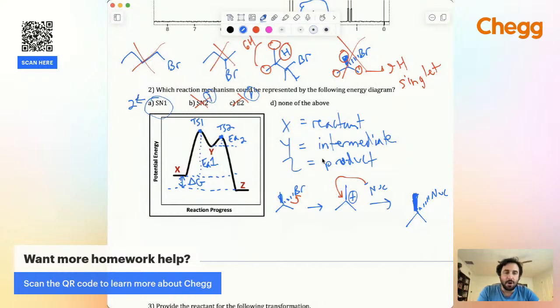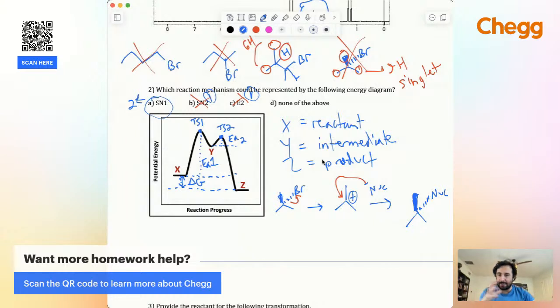SN2 and E2 are all concerted reactions. They just happen like that, right? You have some substrate, and as the nucleophile is approaching, the leaving group is leaving. So as the bond between the nucleophile and the substrate is materializing, the bond between the substrate and the leaving group is dematerializing to the point where you have a transition state that's trigonal bipyramidal, where we have almost half a sigma bond between a planar substrate and each of the two, the one coming in, the one going out.